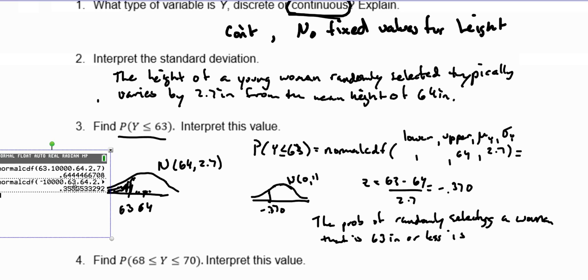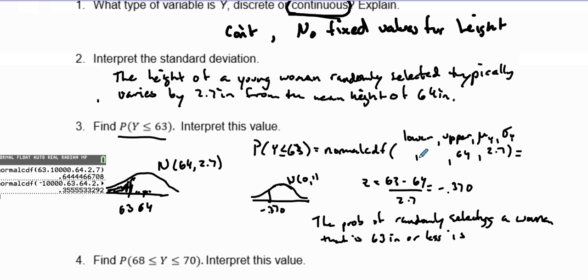And so what we have is negative 1,000, probably could put 0 in there, and we have 63 as our upper. That changes our value, which is 0.356. So the probability of randomly selecting a woman that is 63 inches or less is 0.356.